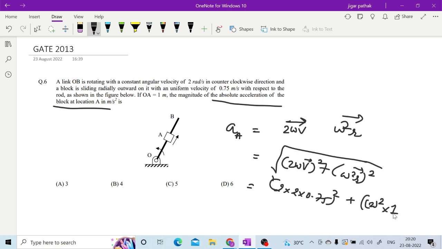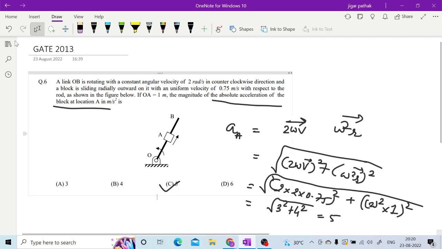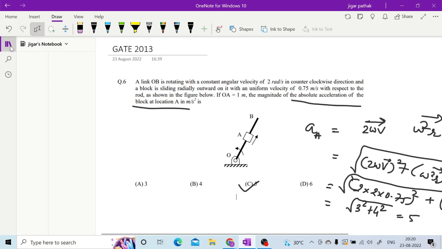So it is under root of 3 square plus 4 square, which is nothing but 5. So this is the correct answer. Okay, shall we move to the next question?